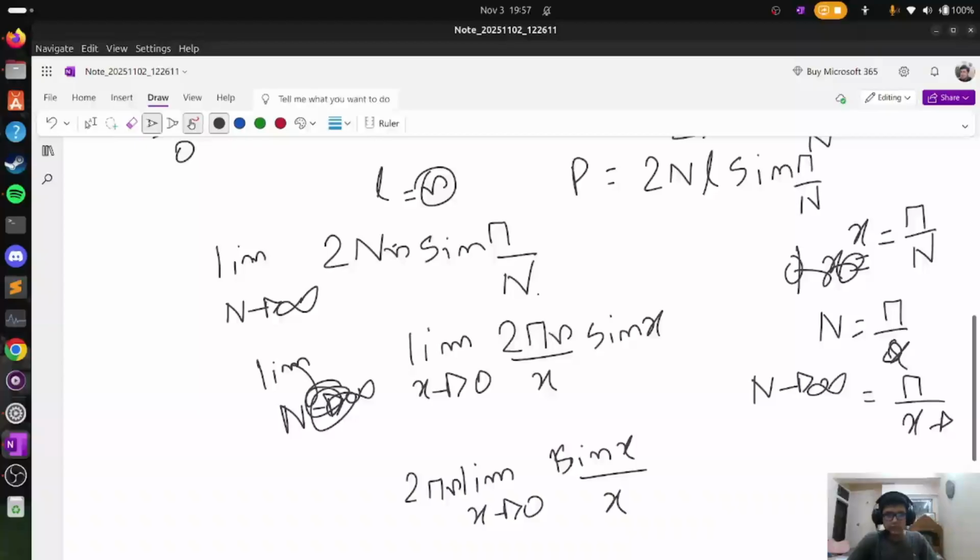If you use L'Hopital's rule here, this will turn into cos x, and this will turn into 1. So as we know, if x tends to 0, then cos x is equal to 1. So in the end, what we get is 2 pi r.